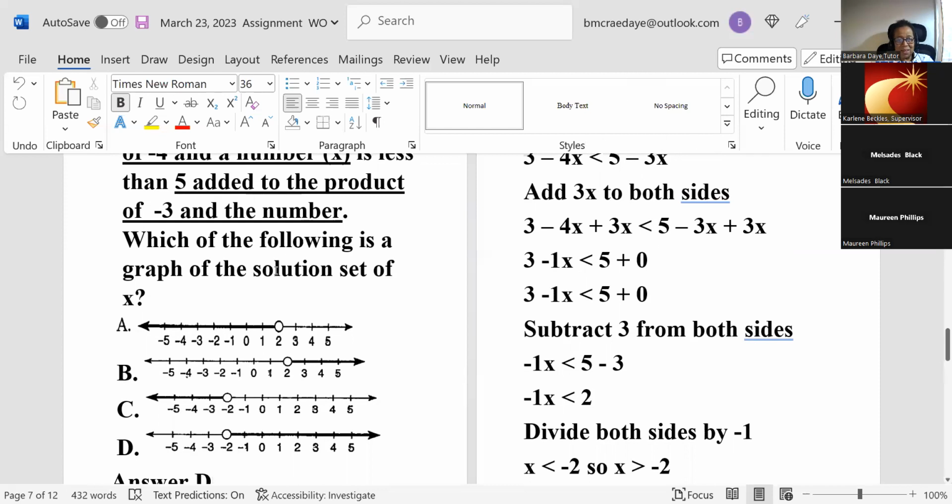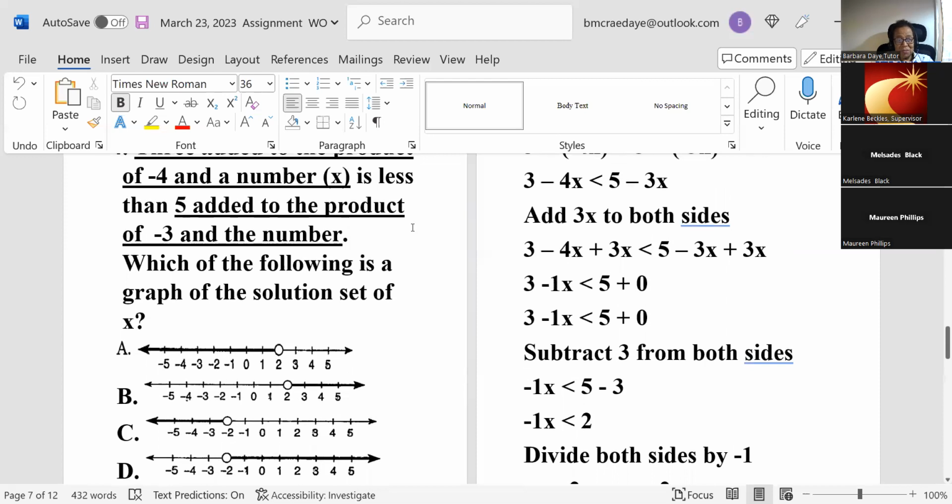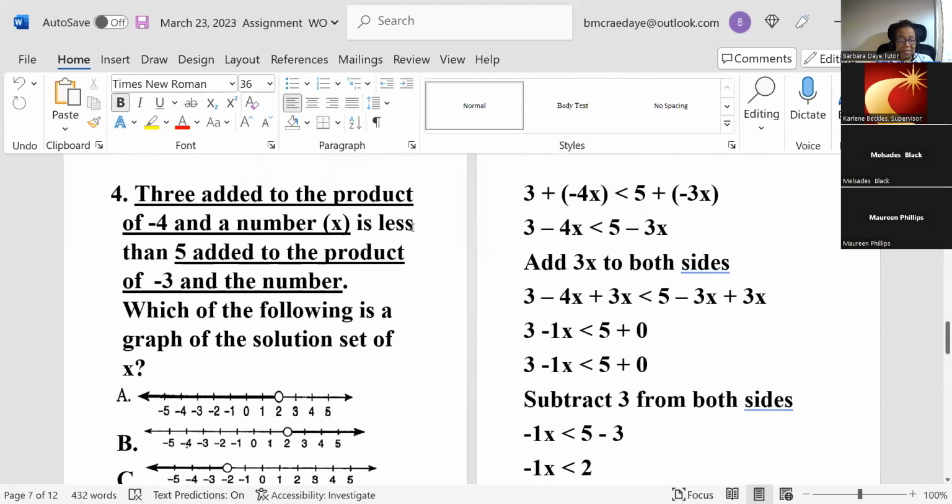Well, just remember: product is multiplication, quotient is division, added is a plus sign, taken from is a take away, that's a subtraction sign. So 3 added, that's 3 plus; product, multiplication.